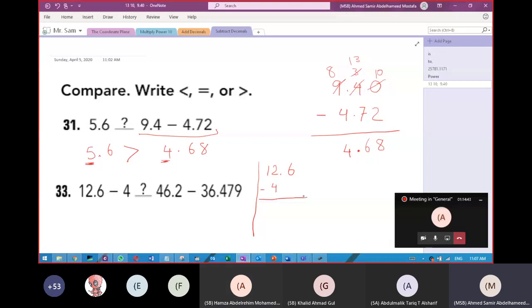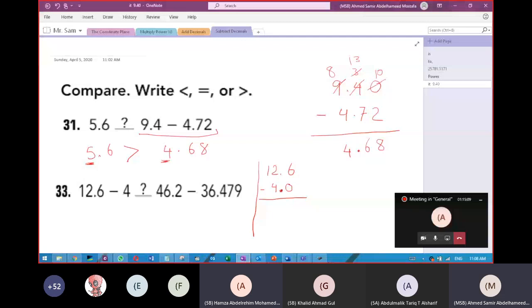So what should I do now? 6 minus 0 equals 6. Where is the 0? I cannot see a 0 here. Add 1. Put 0 here? Under the 6. Okay, that's it? And add a decimal. Don't forget that, please.